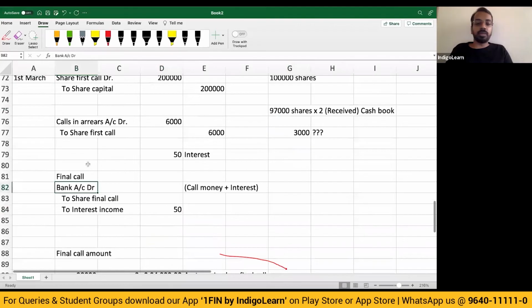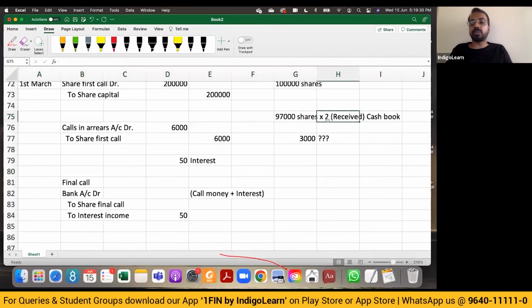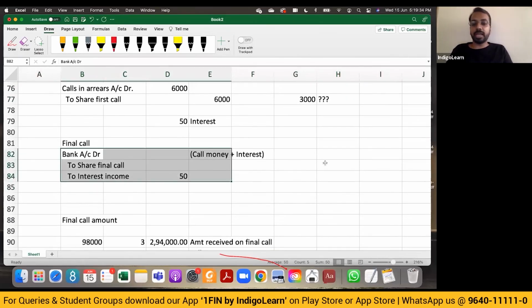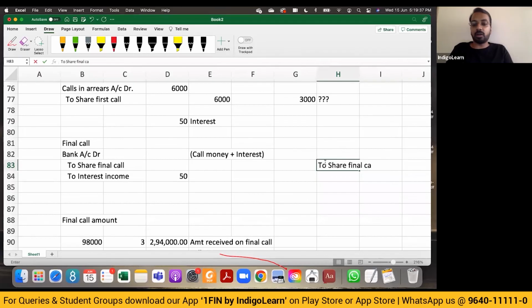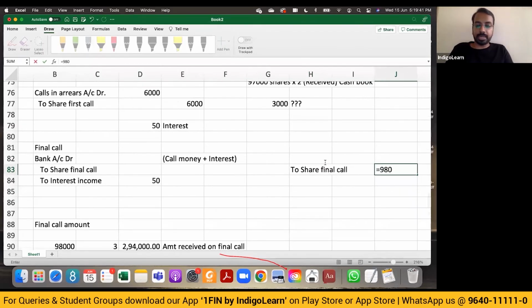For first call also a similar entry will be passed, which we had calculated here, 97,000 into 2, through the cash book. This also will be passed through the cash book only. So in the cash book you will say to share final call, your 98,000 into 3.